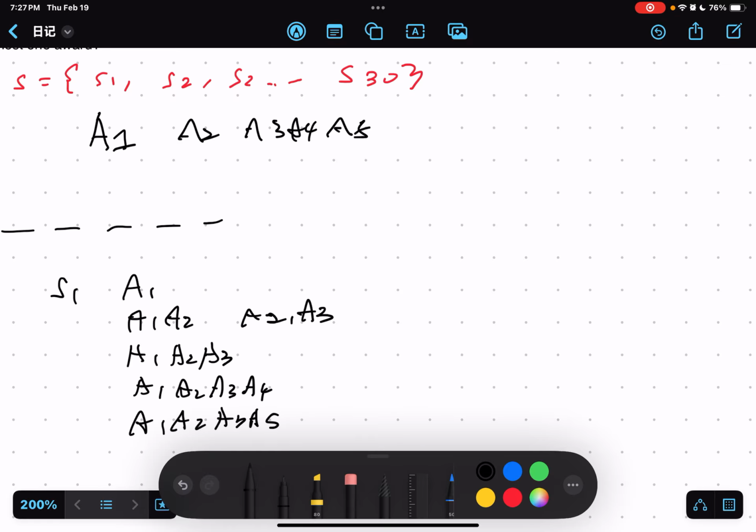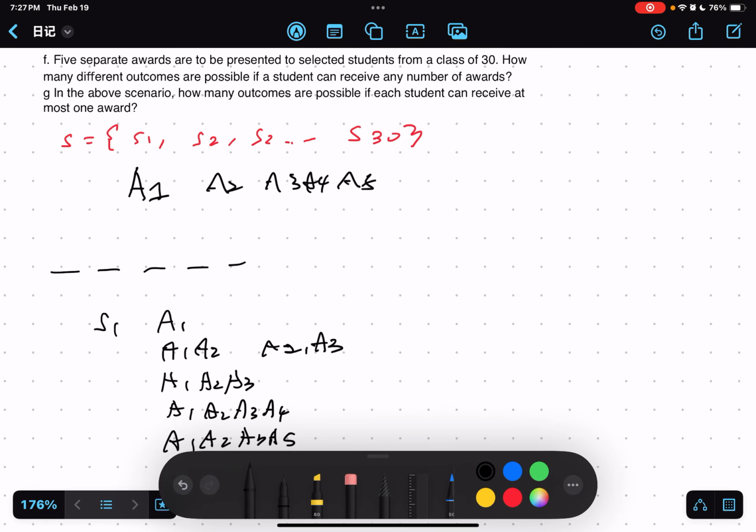So actually we need to find the cardinality of the power set in the distribution of 30 students among the 5 awards. So actually we can use a tree diagram.